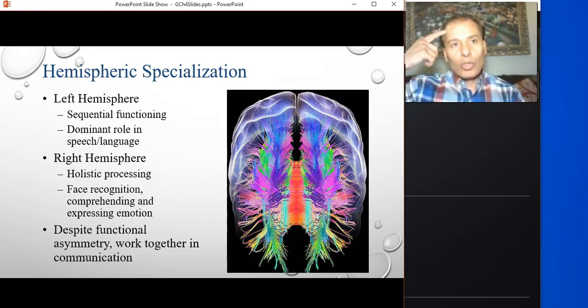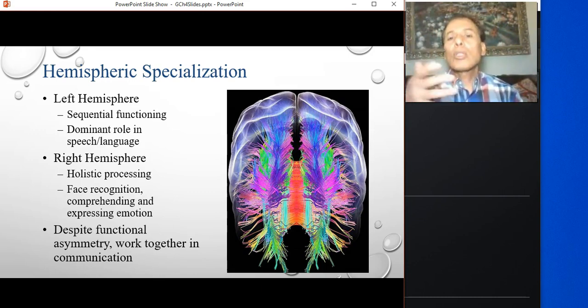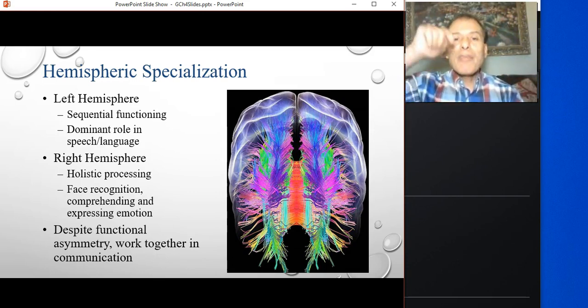So you want to show happiness by the tone of your voice. You want to show if you are going to ask a question by the tone of your voice. You want to show if you are sarcastic, or whatever expression, emotion that you want to express, that area can enable you to match your facial expressions and the tone of voice with the meaning of what you are saying.